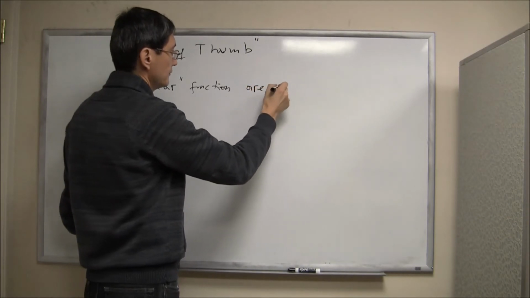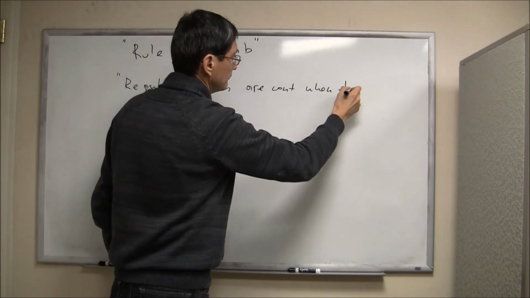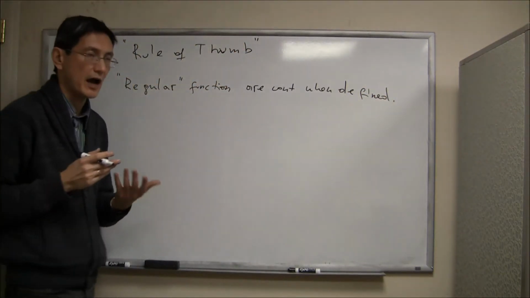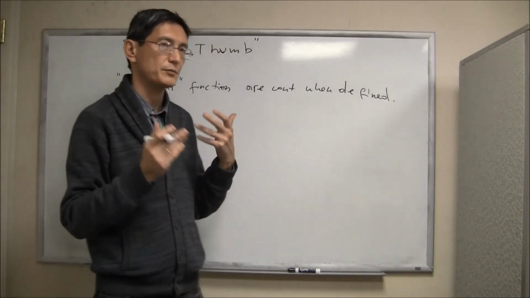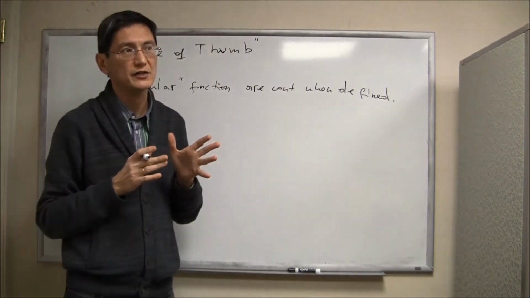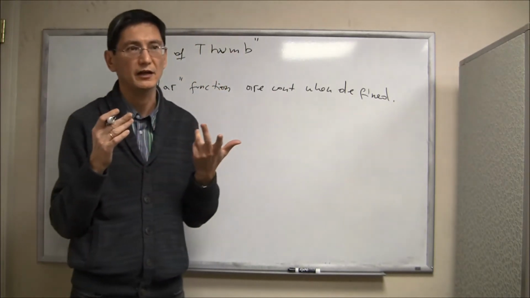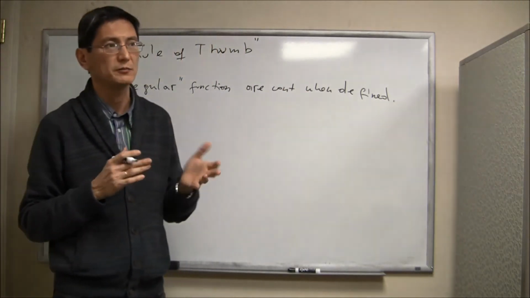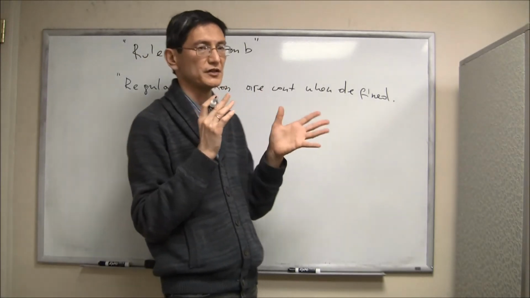Regular functions are continuous when defined. By regular I mean you have composition or addition or subtraction or division of regular functions, but there is nothing strange going on. You have sine, maybe cosine, you might have squares, you might have polynomials, but nothing odd is happening. There is no strangely looking function inside.